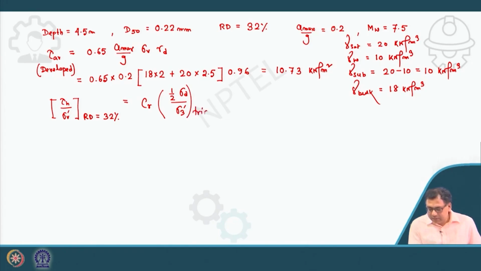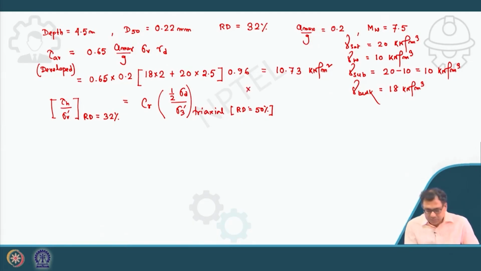So triaxial, that is for RD 50%. Why 50%? Because later on you will use the chart, and the charts are developed only for RD equal to 50%.